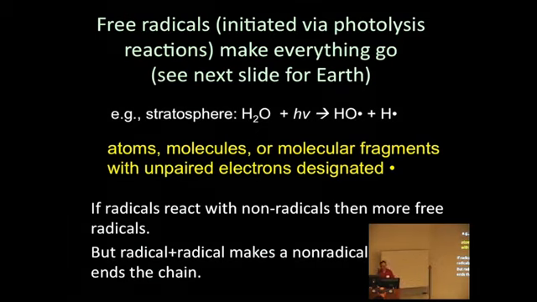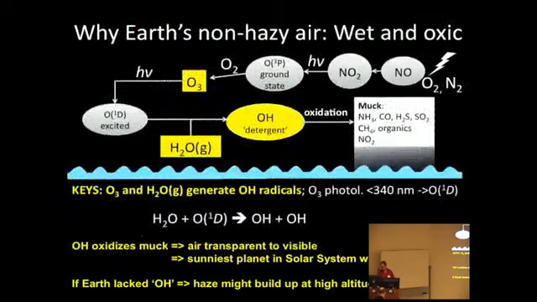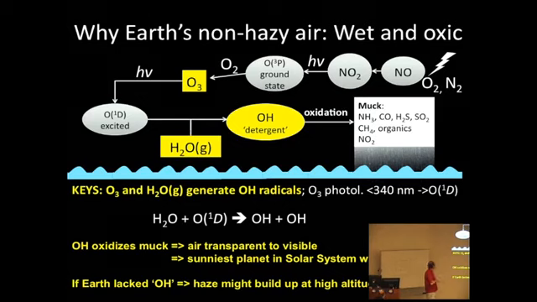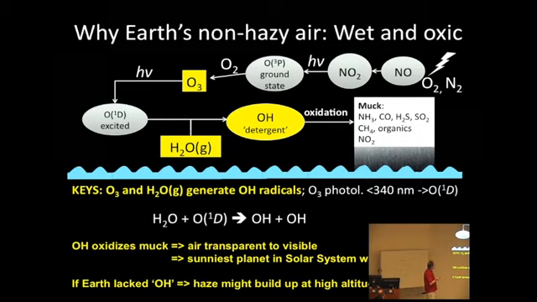Let's think about this by trying to summarize the Earth's photochemistry in a single diagram, which I've tried to do here, or at least capture the important points. There's a lot of other photochemistry that goes on on the Earth, but I think these are the two key issues: the Earth is wet, represented by my ocean here, and it's oxic, it's full of oxygen.